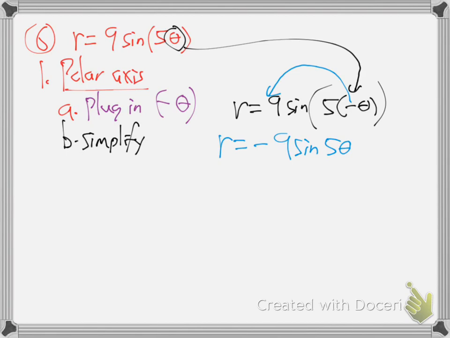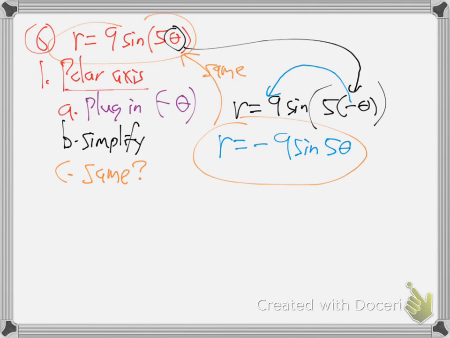And then step 3, what's step 3 about? Compare. Is the new one the same as the original one? No. This one has a negative sign. The original didn't have that. No, it's not the same, which means maybe.